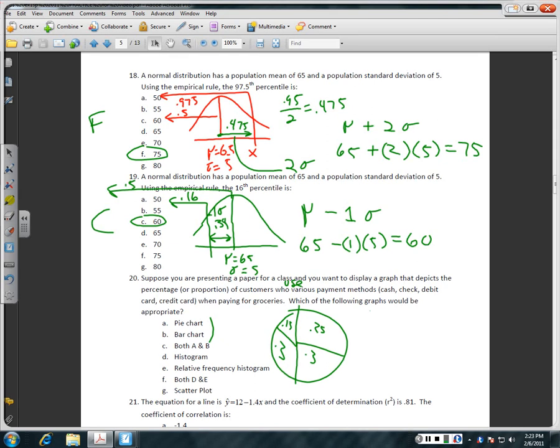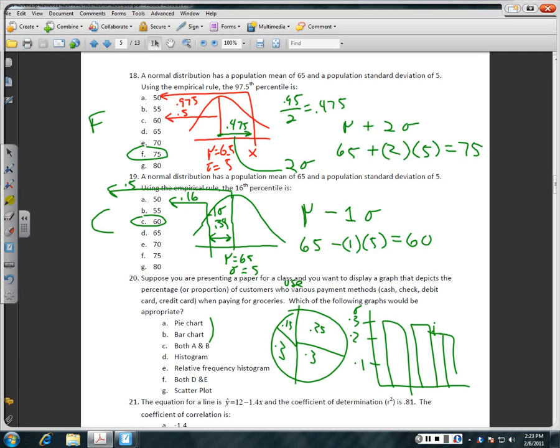Now you could use a bar chart where you have the percentage here, and of course, if this were 0.1, 0.2, and 0.3, then you're going to have 0.3, 0.3, 0.25. There shouldn't be a line right there.